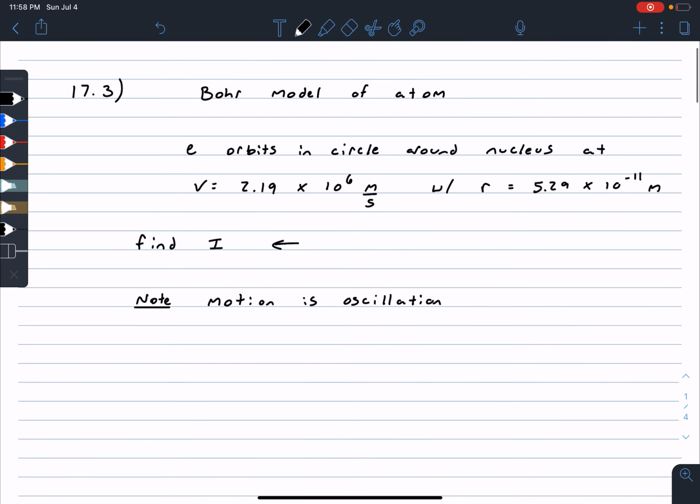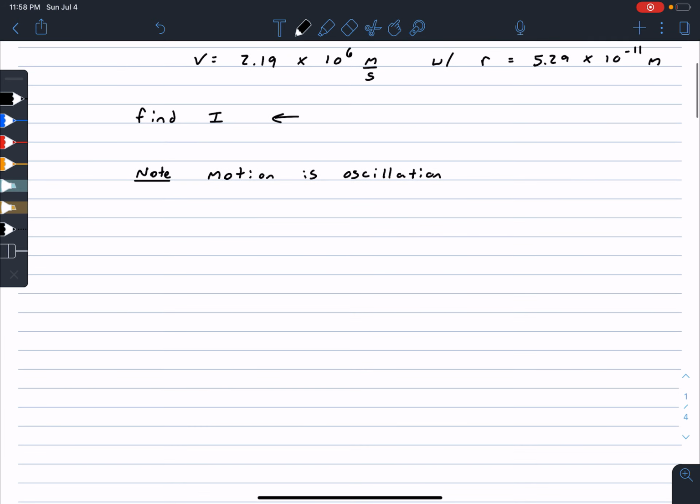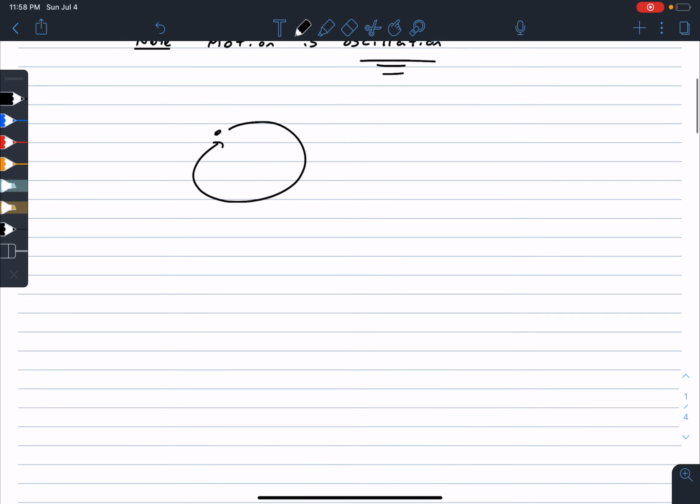So because of the way this model works, because we have a charge, let's say a particle moving in a circle consistently, this is an oscillation. So let's look at current as the charge over time.